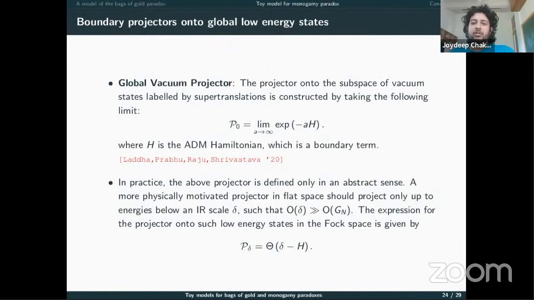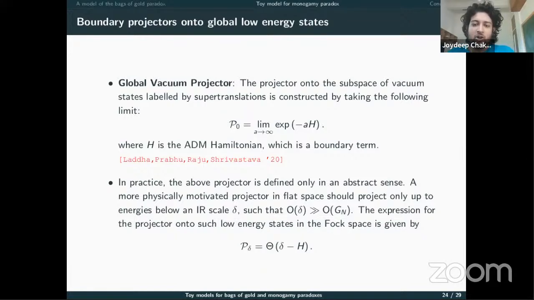The observables which we are looking at are the projectors onto the vacuum state. It was pointed out in these works that there exists a very nice way of looking at these projectors: we just exponentiate the ADM Hamiltonian, multiply it with a number A, and take A to infinity.